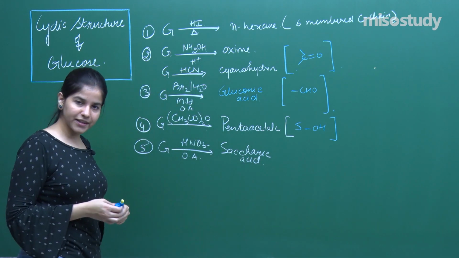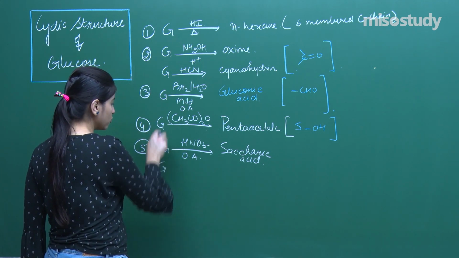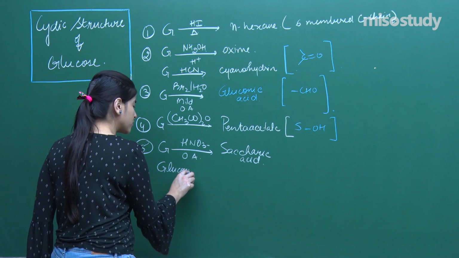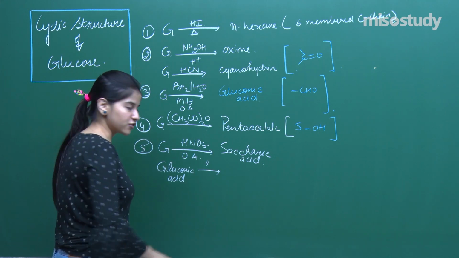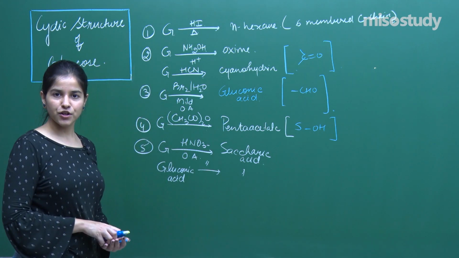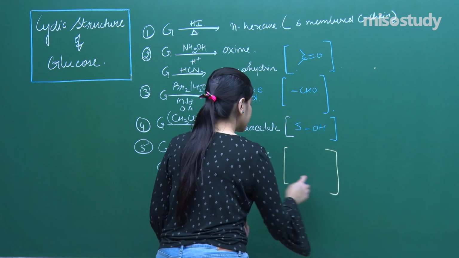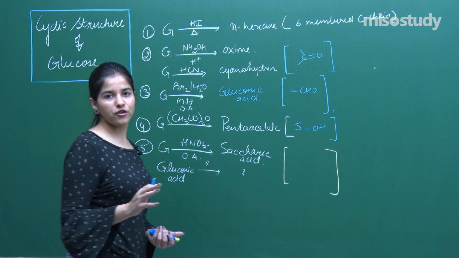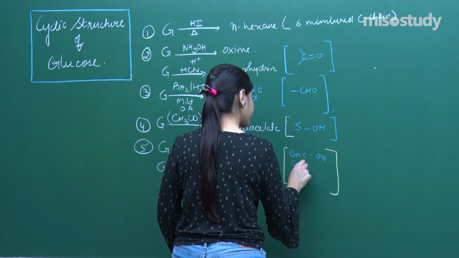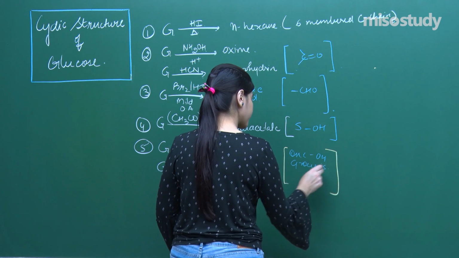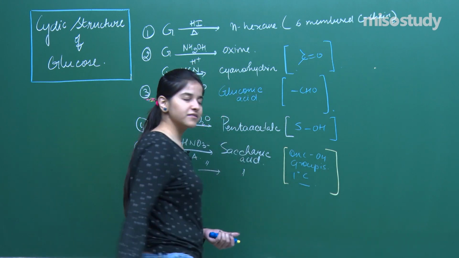And even I did what? Here not the glucose but gluconic acid I took, used the similar kind of reagent, and got the similar kind of product. From both of these reactions, I inferred that one OH group is primary, attached with a primary carbon basically, right.